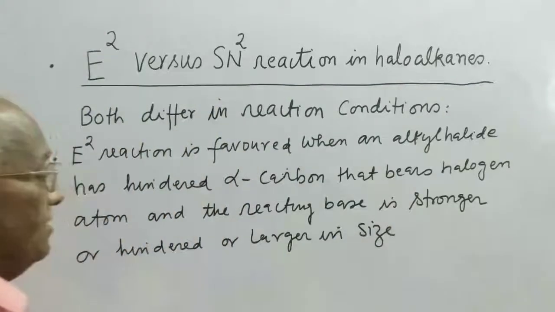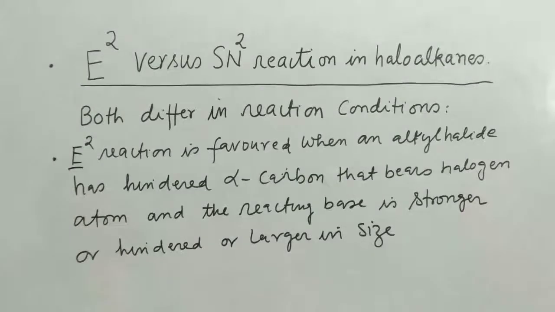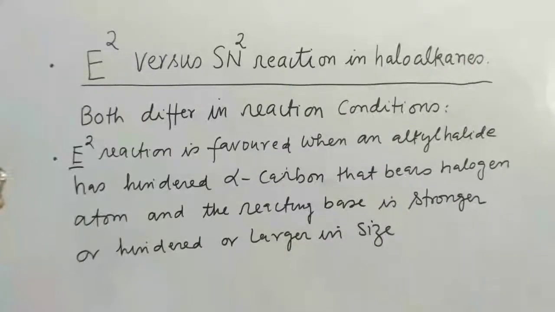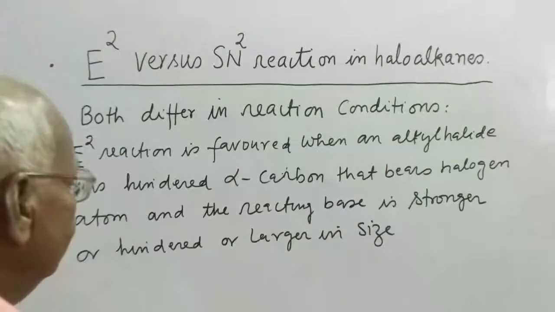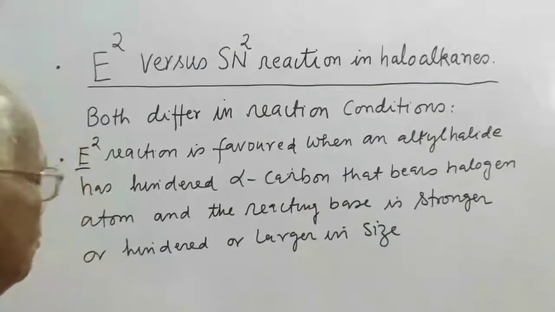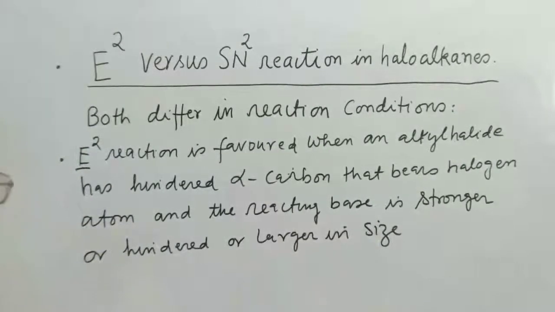This is the reaction condition for the E2 reaction. So E2 reaction is favored when an alkyl halide has a hindered alpha carbon that bears the halogen atom and the reacting base is stronger or hindered or larger in size.